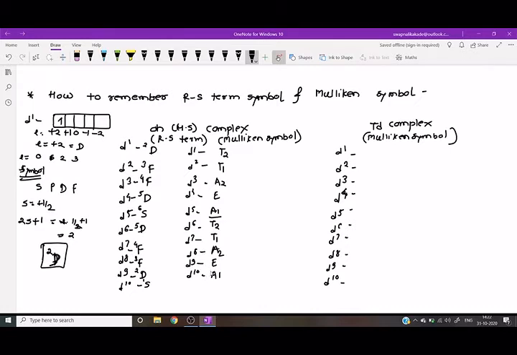The spin multiplicity is the same as the RS term: 1, 2, 3, 4, 5, 6, 5, 4, 3, 2.